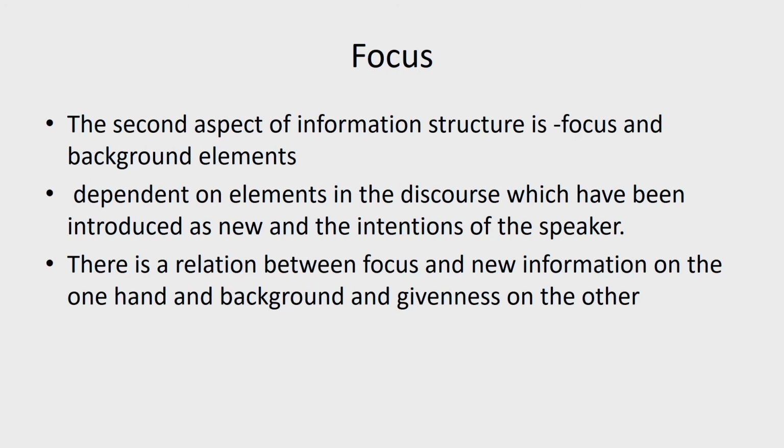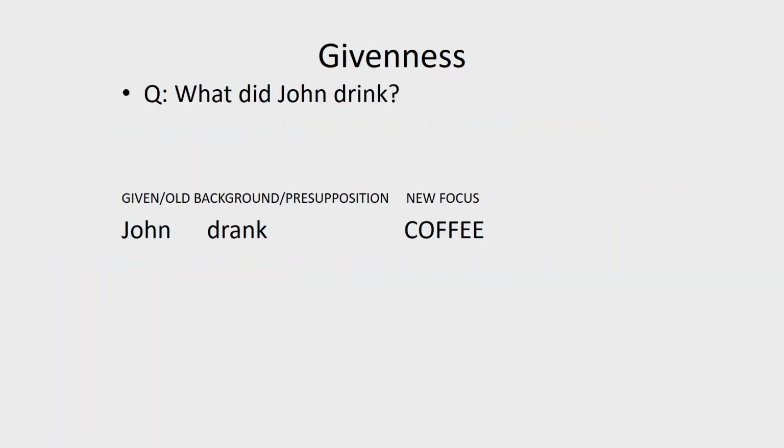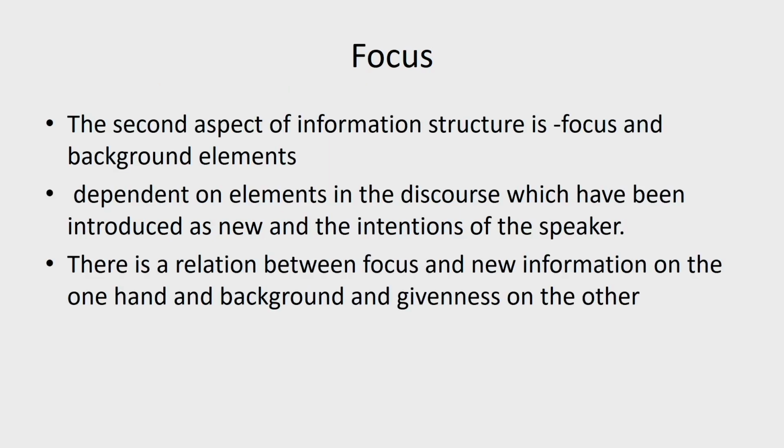The relationship can be orthogonal. And both of these structures represent so-called narrow focus. What is important is that this element is accented irrespective of its degree of givenness. So as we said before, irrespective of givenness, either John or drank or coffee could be focused.